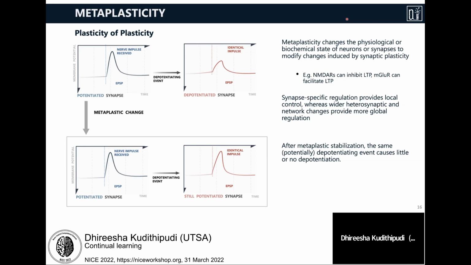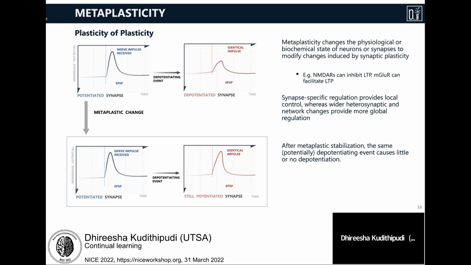If you look at this cartoon on the top, when you have a potentiated synapse and there is a depotentiating event, it reduces the synaptic strength. So after depotentiation, an identical nerve impulse produces a much smaller response, as you can see on the top. Over time, this potentiated synapse becomes less plastic, which means it becomes less susceptible to depotentiation. And this is what we call a metaplastic change.